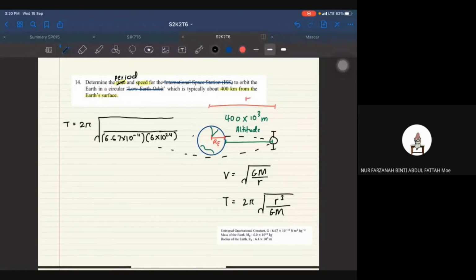So it will be 6.4 times 10 to the power of 6 plus 400 times 10 to the power of 3. Don't forget this has a cube, power of 3. Now try pressing the calculator. The only problem now is pressing the calculator, and with prefix students often have problems. Don't forget to multiply by 2 pi.